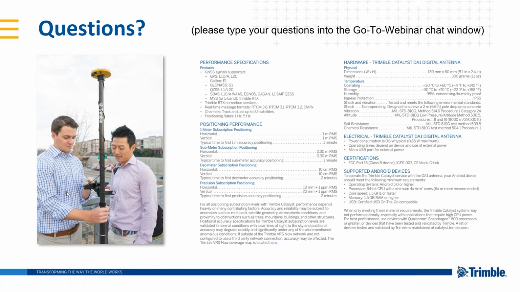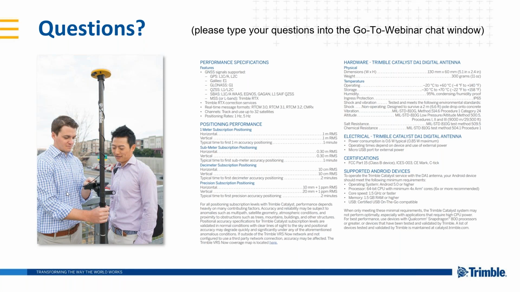Will it work without a mobile signal at the time of GPS collection? Yes, it will. It works offline. The one comment I would make in terms of online and offline functionality is that to achieve the centimeter and decimeter levels of accuracy, you are relying on VRS or local internet-based technology, and those corrections are delivered over the internet.